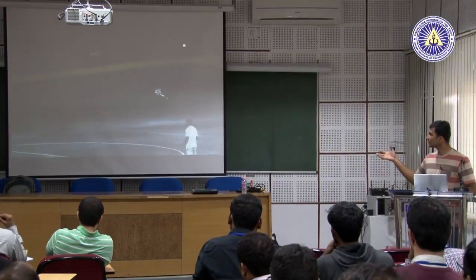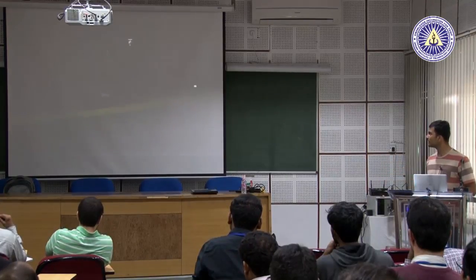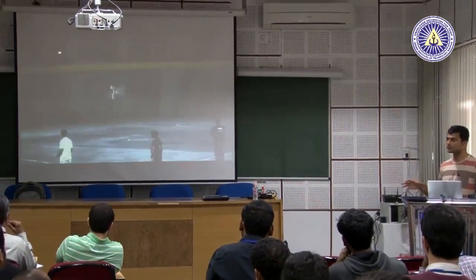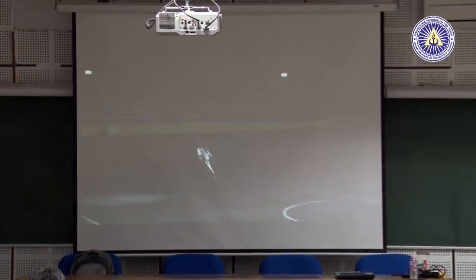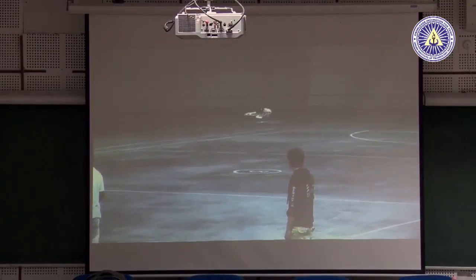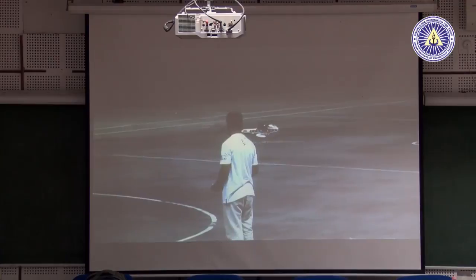This kind of maneuver is possible for this size of helicopter because of the way the rotor is designed. So it is very important to study the way the rotor is designed and how this class of helicopter is different from other large scale helicopters, which won't be able to perform this kind of maneuvers.